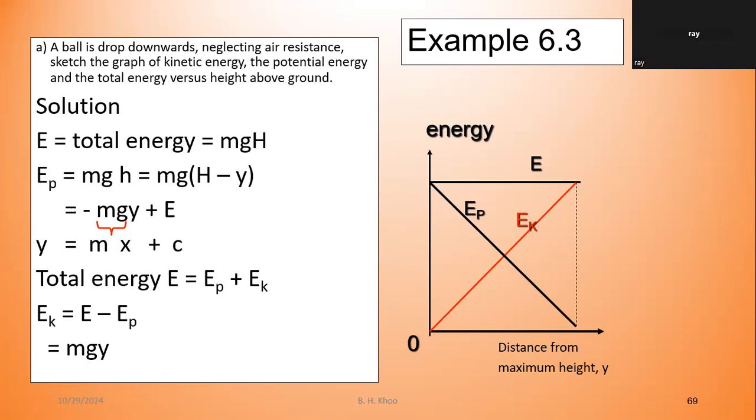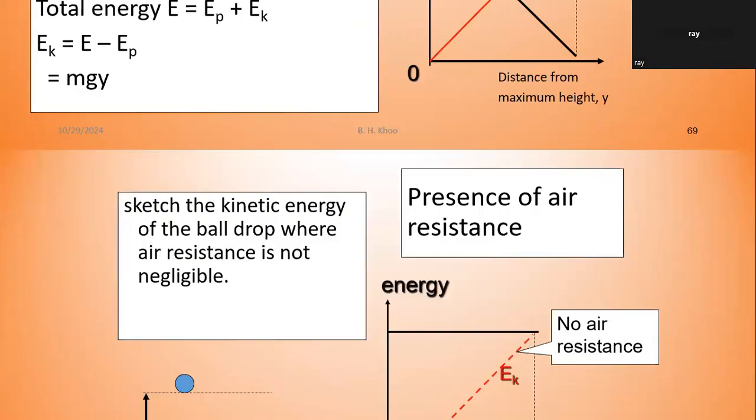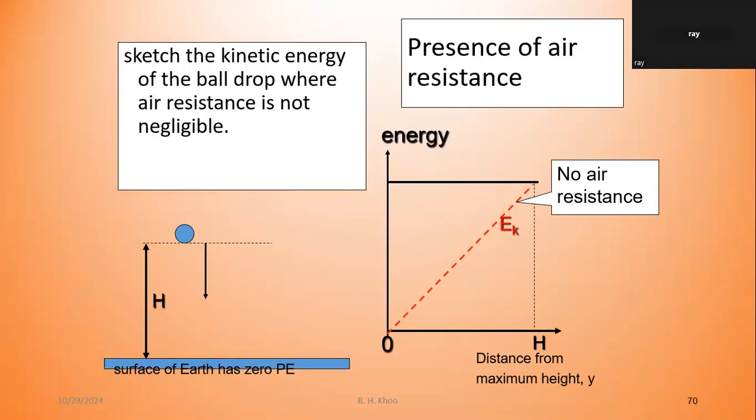But what happens if there's air resistance? Potential energy doesn't change. It still depends on height. Only the kinetic energy doesn't increase all the time. The increase becomes less and less until the kinetic energy becomes constant at terminal velocity.